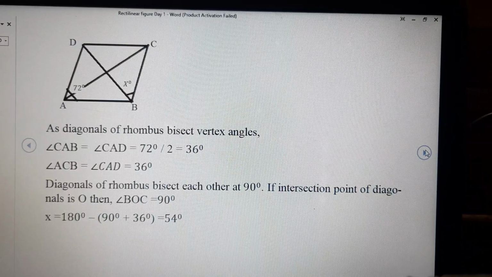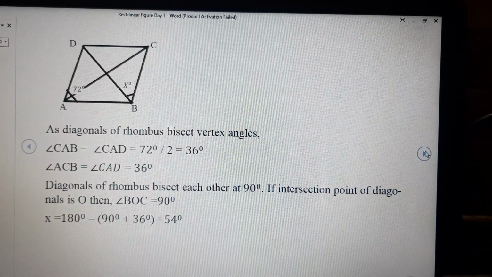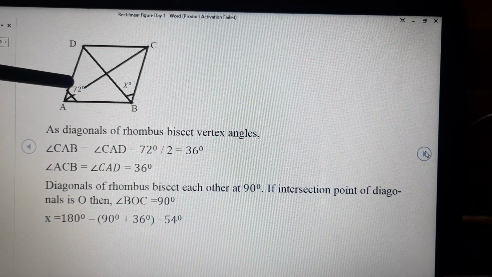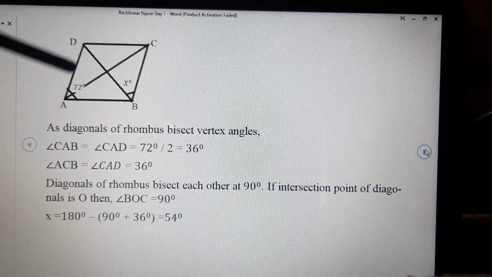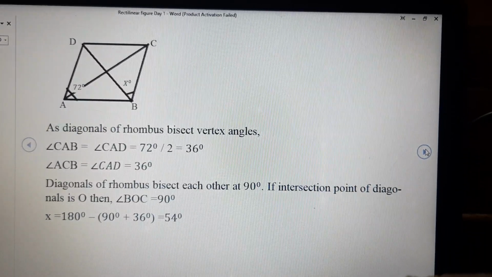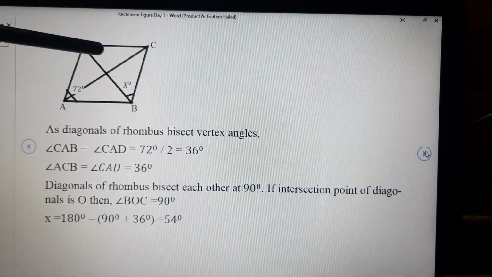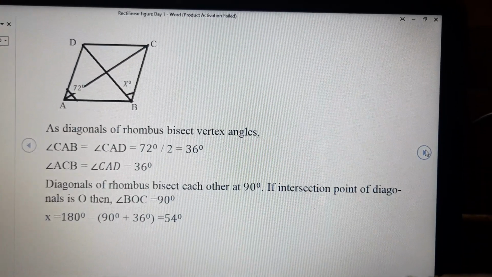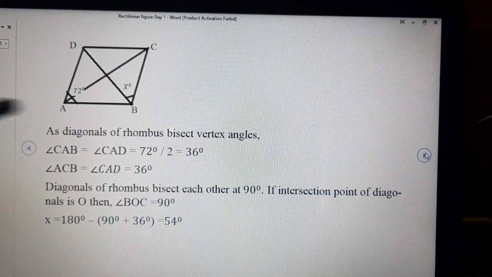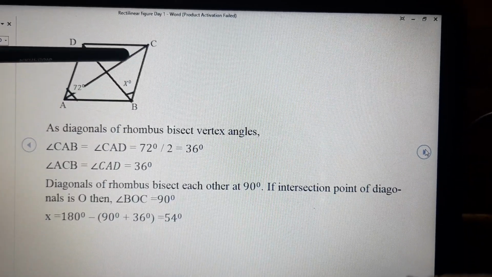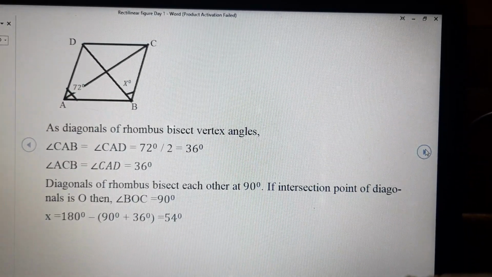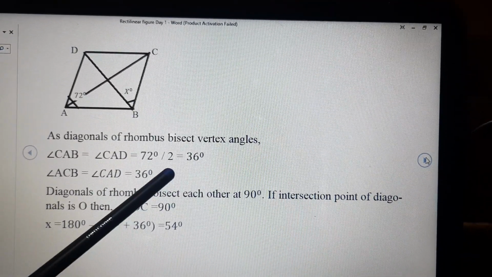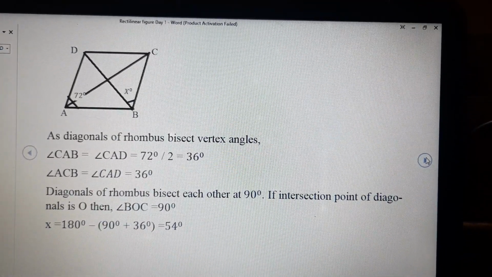ACB will be equal to CAD because they are forming a Z, and CD and AB are parallel to each other. That is why this angle and this angle will be equal. If this angle is 36 degrees, this angle will also become 36 degrees. Alternate angles. It is an alternate angle. Fine.